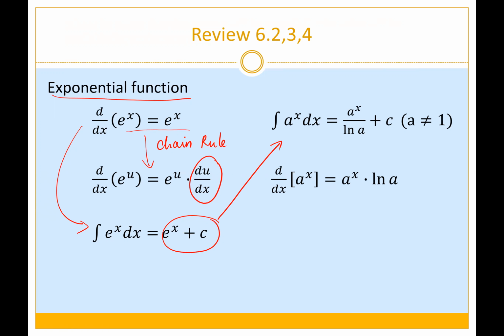Additional form: instead of base e, we have base a, which is any number that's not 1. So the integral of a to the x dx is going to be a to the x over ln of a plus c.